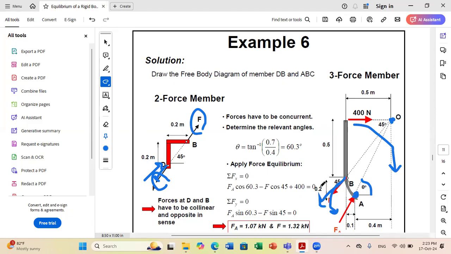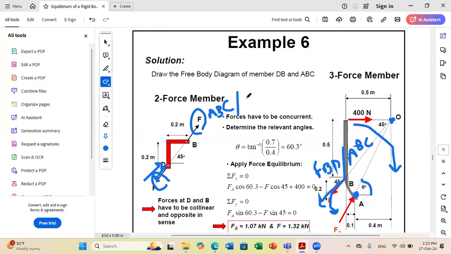And this F represents what? This F represents the action of BD on ABC. So by action reaction, if the force of BD on ABC is down, then the force of ABC on BD is upward. So this is how you can make sure that you selected the right direction.